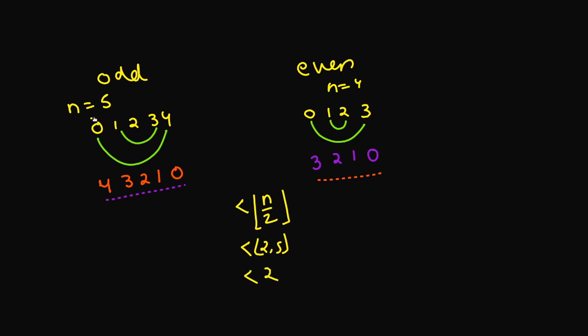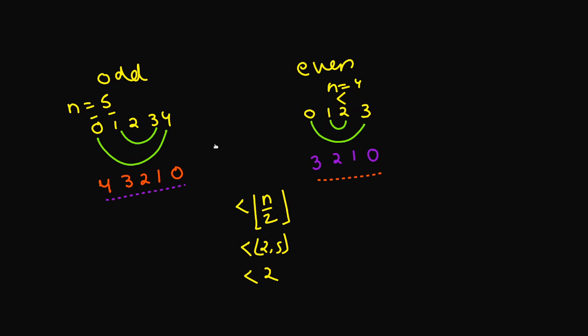So we only iterate for 0 and 1, and swap with their counterparts. In the other case, since n is 4, n by 2 is going to be 2, and you iterate only till less than 2, so only 0 and 1, and swap them with their counterparts.